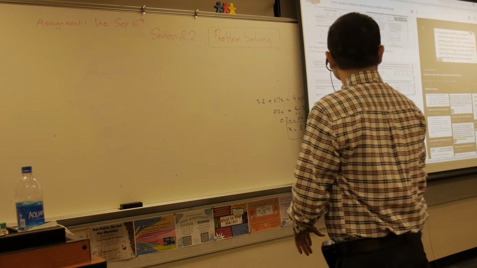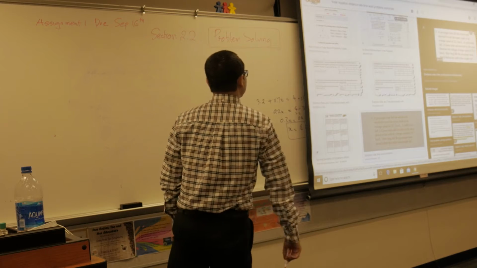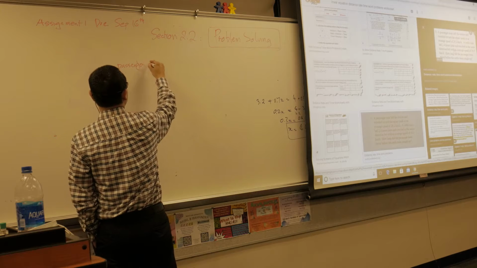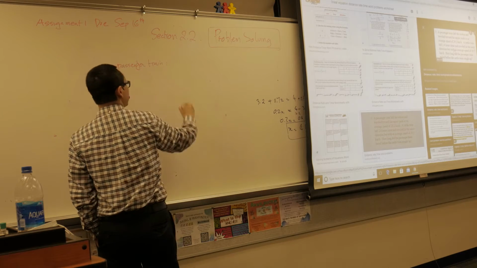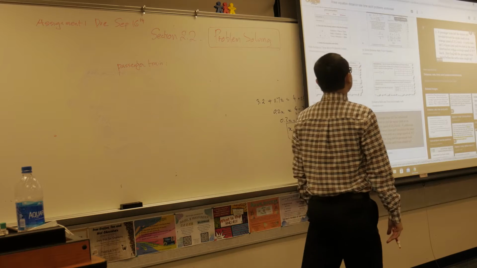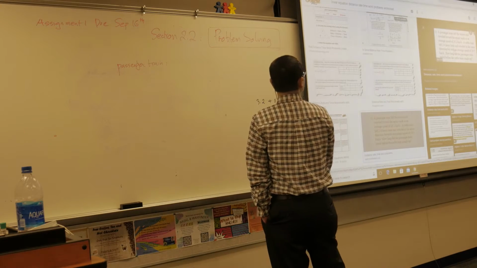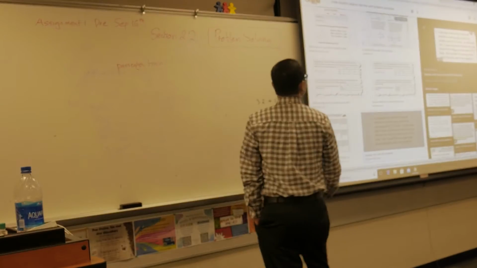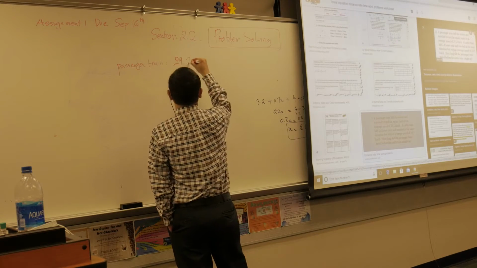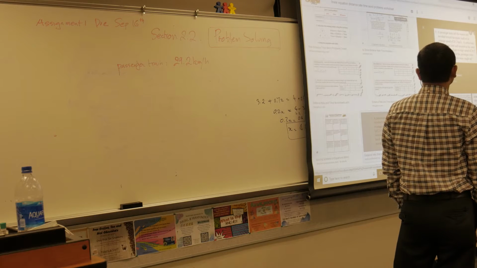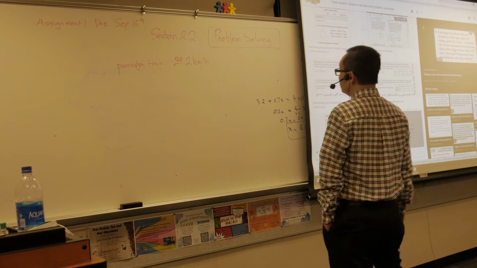So let me do a quick summary here. The passenger train's speed is 29.2 kilometers per hour. The other train left 2.4 hours later and traveled in the same direction.